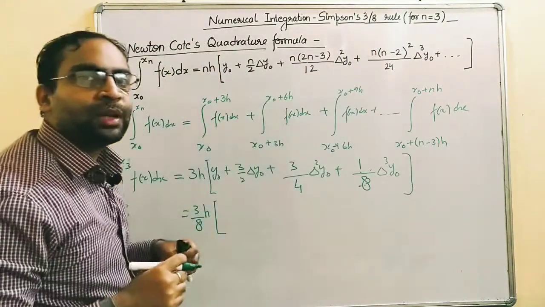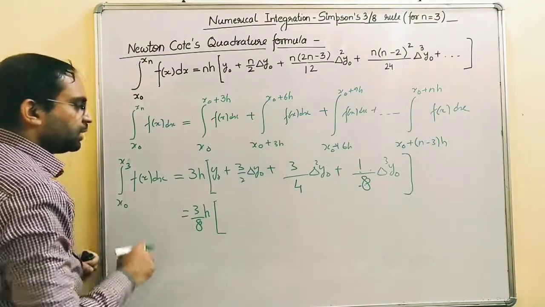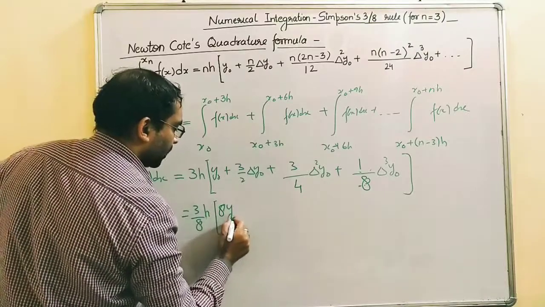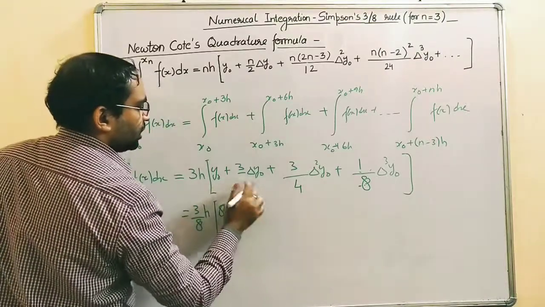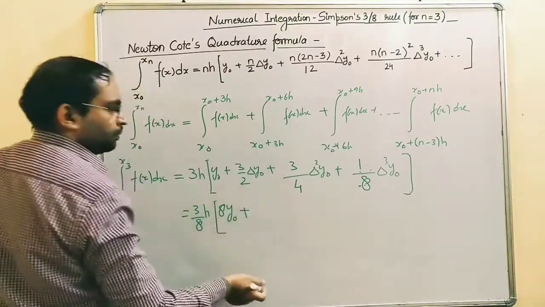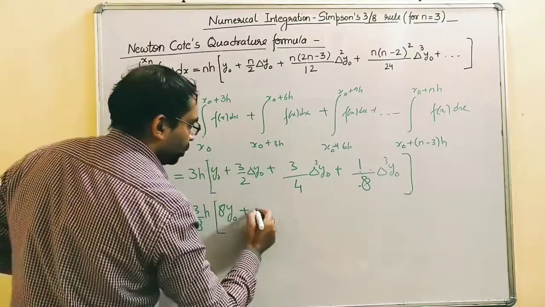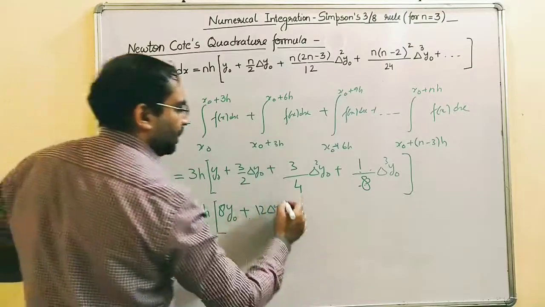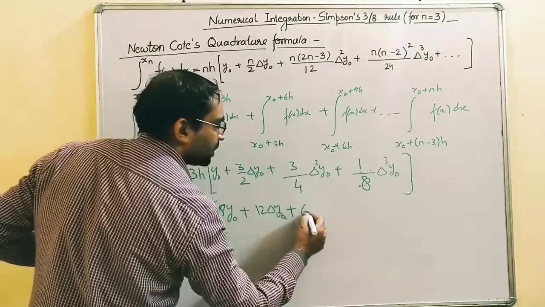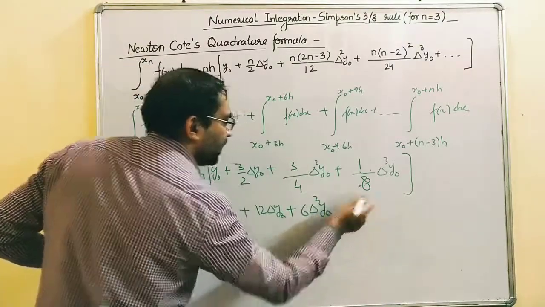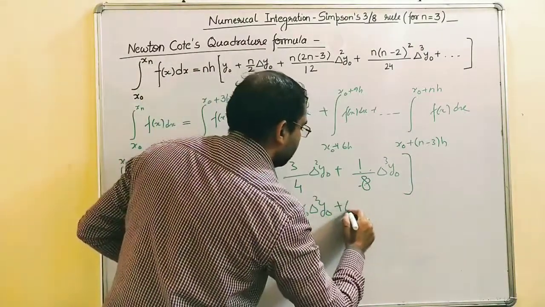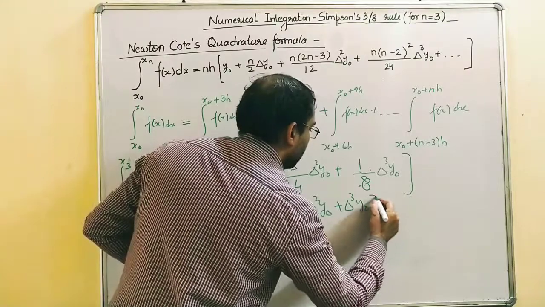This is Simpson's 3 by 8 rule. So 3 upon 8 is the common term. Now we have 8 y0 plus 4 3s are 12 del y0 plus 2 3s are 6 del 2 y0. I have taken this 8 in the LCM, and plus this will be del 3 y0.